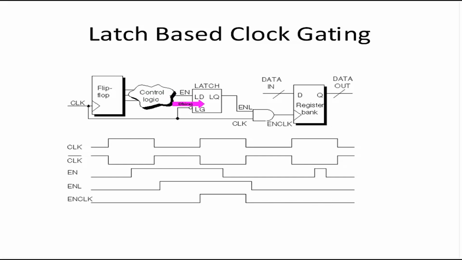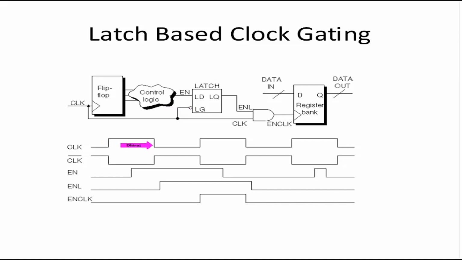Now the latch is transparent at the falling edge. The latch is of the opposite polarity of the flip flop. Here we have waveforms of clock and clock invert. Now let's say enable toggles when clock is high. If enable toggles when clock is high, this latch does not pass this value because the latch is closed when clock is high.